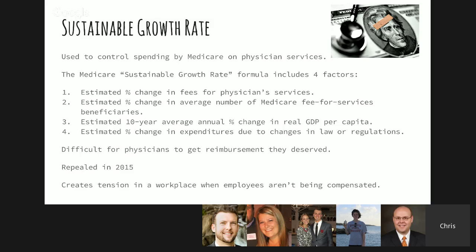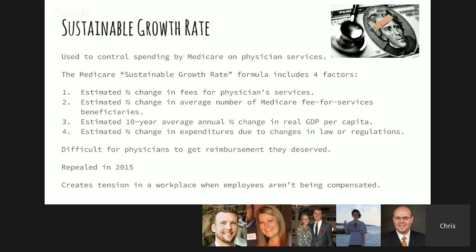It includes 4 factors, which you can see here: the estimated % change in fees for physician services, estimated % change in average number of Medicare fee-for-services, estimated 10-year average annual % change, and then the 4th one, the estimated % change in expenditures due to changes in law or regulations. And in short, the sustainable growth rate made it difficult for physicians to get the payment that they deserved for their work because Medicare wouldn't always reimburse a full amount.